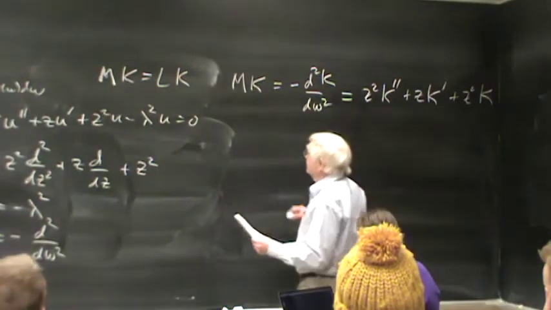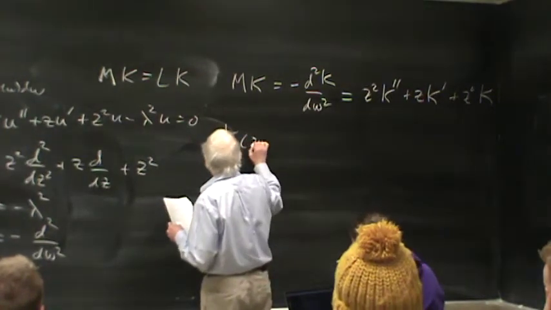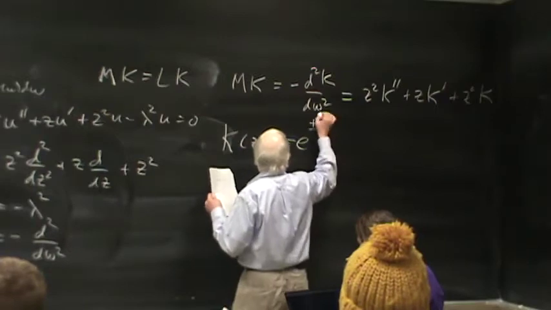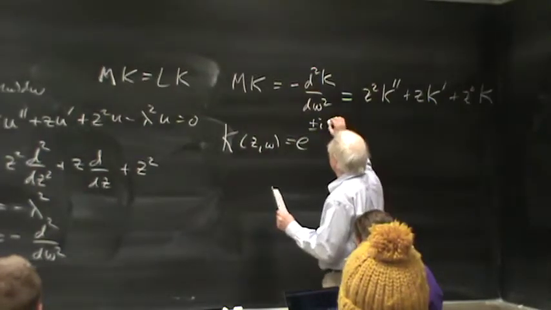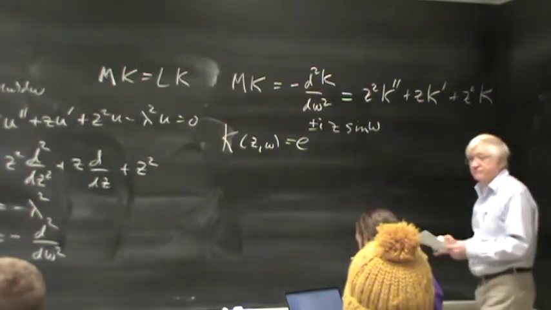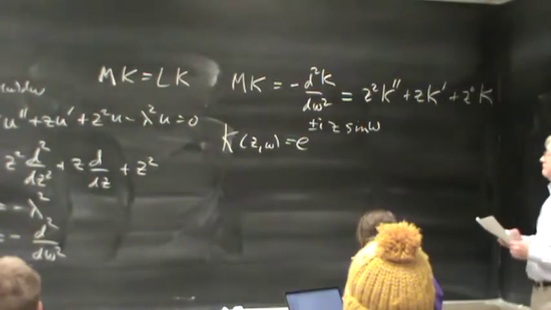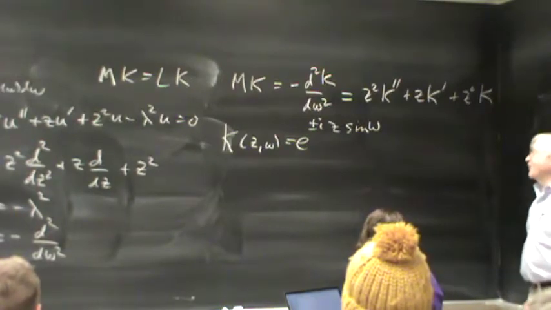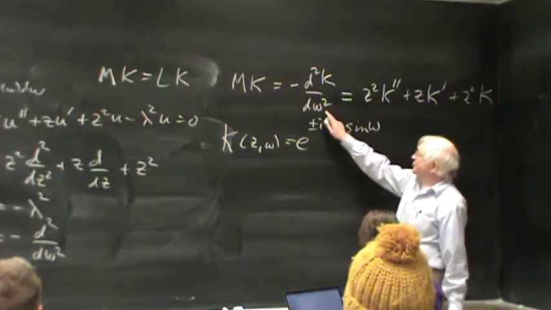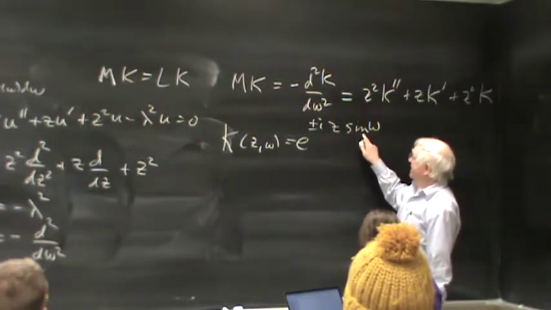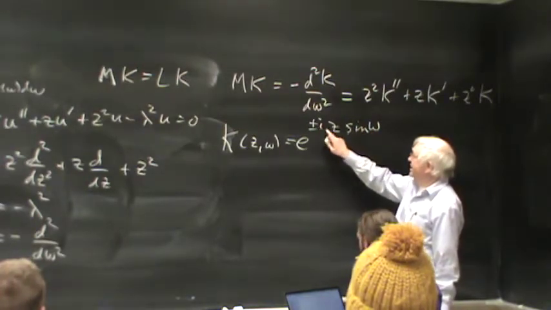Well, it turns out you can let K of z and w equal e to the plus or minus i z sine w. And so you can just verify, obviously, derivatives with respect to w, these things kick out a cosine, a plus or minus i z.